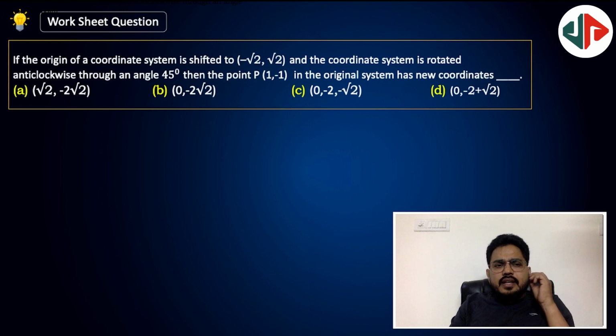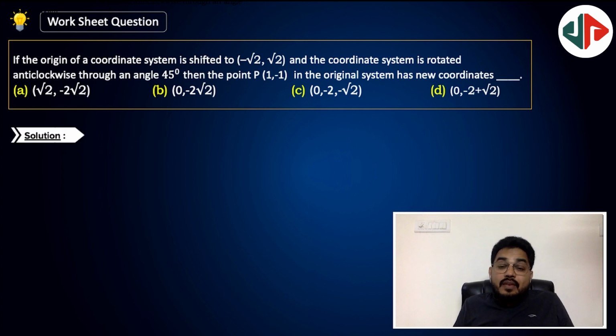If the origin of a coordinate system is shifted to minus root 2 comma root 2 and the coordinate system is rotated through an anti-clockwise angle of 45 degrees, then the point P (1, minus 1) in the original system has which new coordinates?